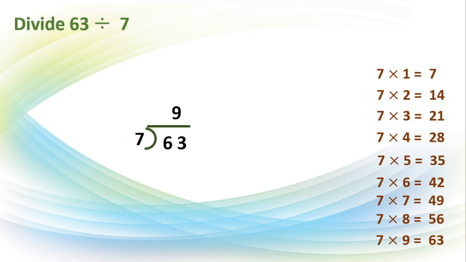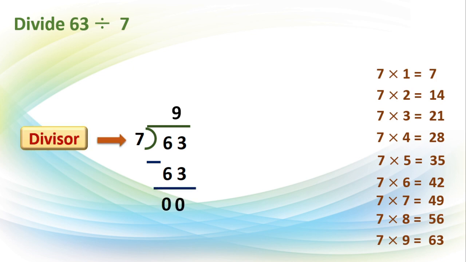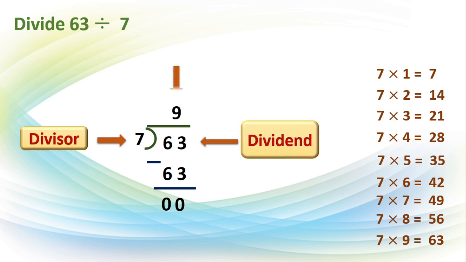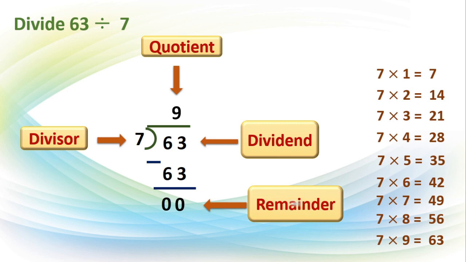Yes, we got it directly. So 7 9 is 63. See, here directly we will write: this is the divisor, this is the dividend, correct? And 9 is nothing but the quotient and 0 is nothing but the remainder, correct?